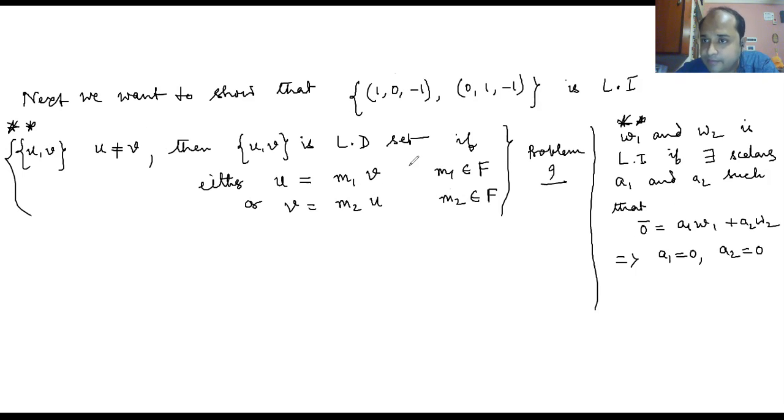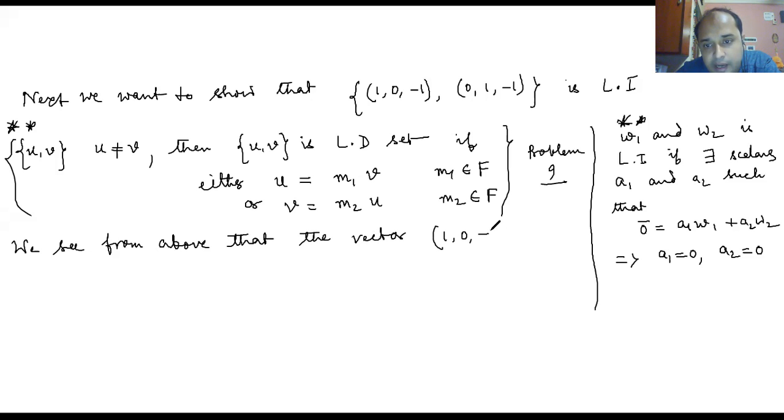You see, we see from above that the vector (1, 0, -1) is not a multiple of (0, 1, -1), because the middle term is 0 over here and the first term is 0 there. You cannot express this as a multiple of this.